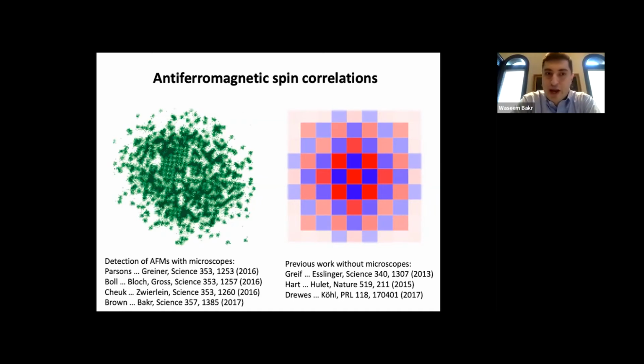So that's the anti-ferromagnet. And you don't expect to see the anti-ferromagnet everywhere in the system because this is really a quantum anti-ferromagnet. So your Néel order parameter, which way the spins point, can be anywhere in the Bloch sphere. So in some regions, it will happen to align with your imaging basis, and then you'll see a little patch of anti-ferromagnet like this.